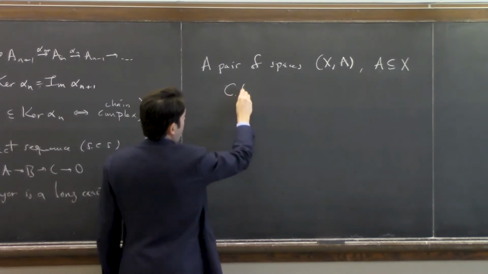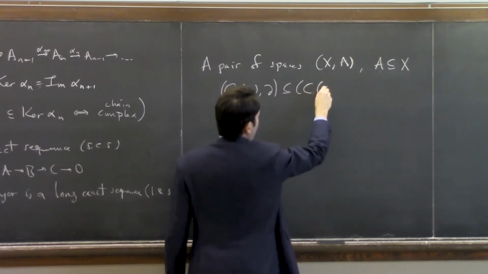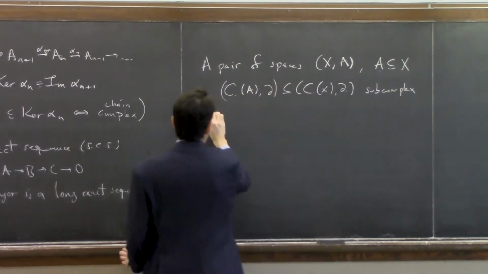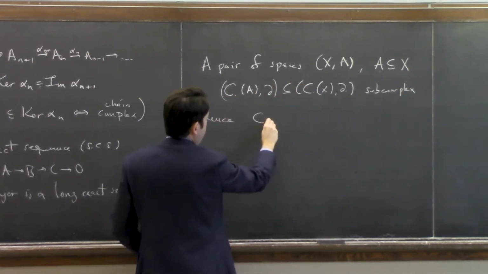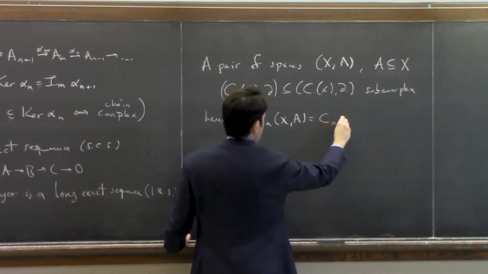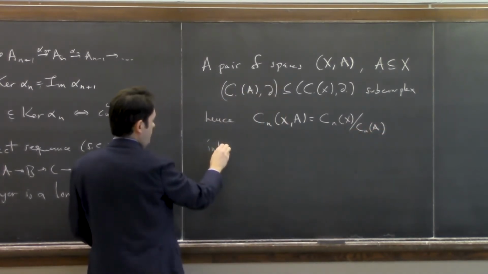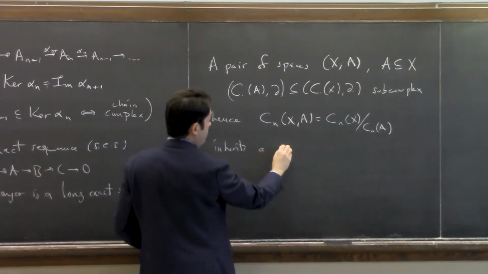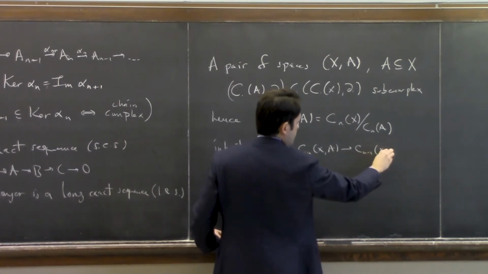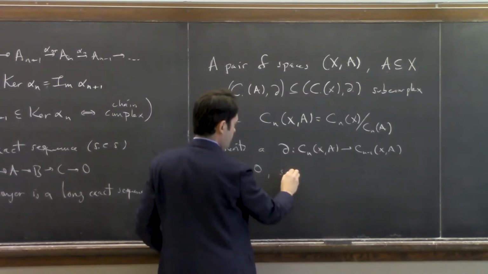So we noticed that the singular chains of A form a subcomplex. Hence, if you define the relative chain groups to be the quotient, this inherits a boundary map which squares to 0, so you get a chain complex.